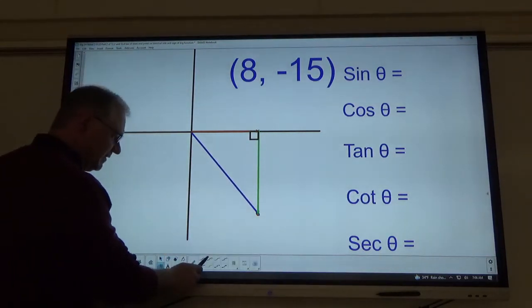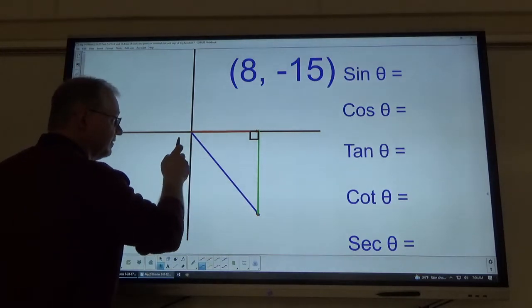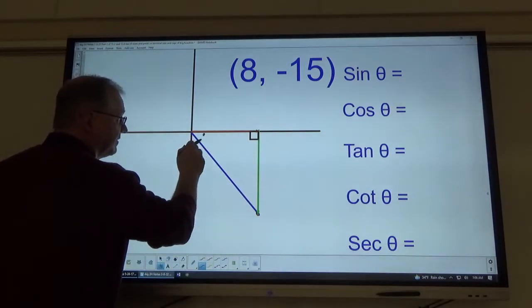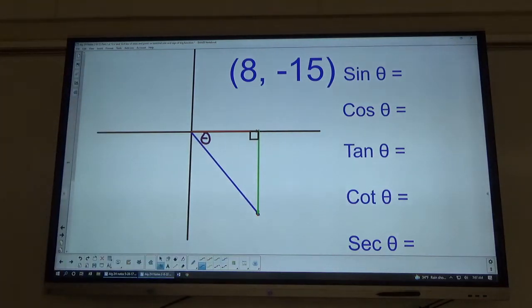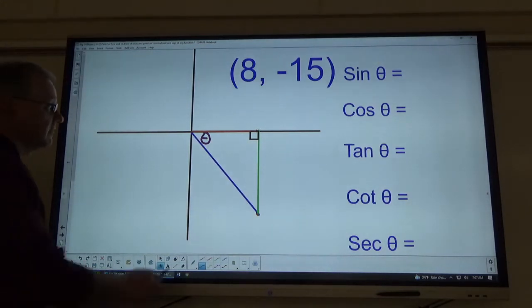Now, the other part of it is theta is this angle here. We always want theta with these to be the angle that's next to the origin. So there's my theta.